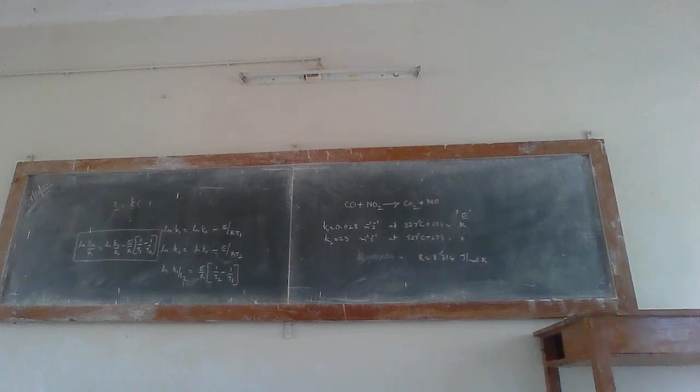Given K1, given K2, given T1, given T2, asked to calculate only E. We know ln K2 by K1 is equal to E by R into 1 by T1 minus 1 by T2.